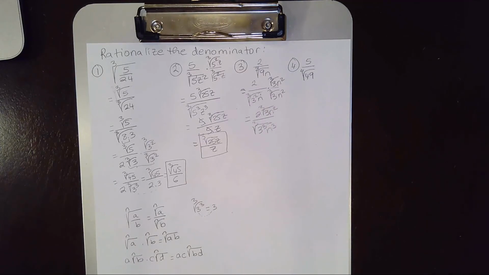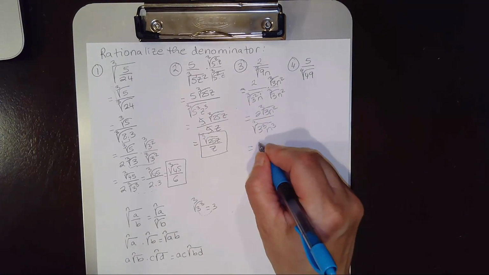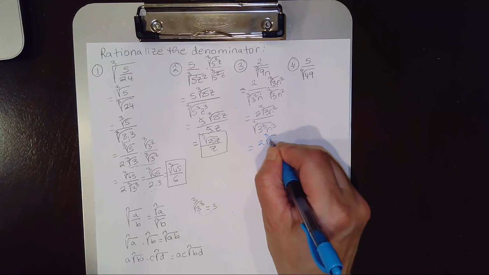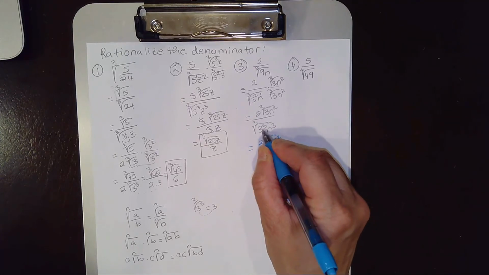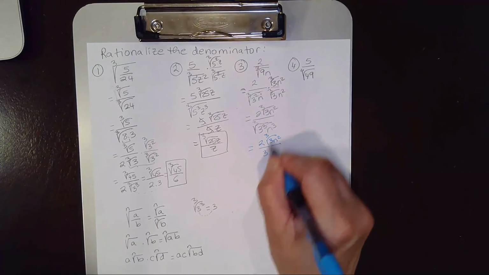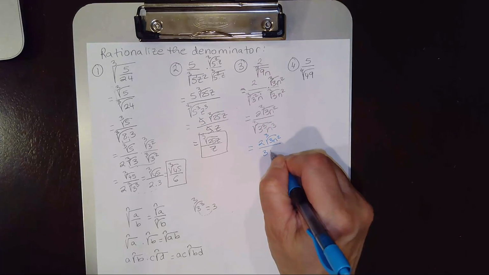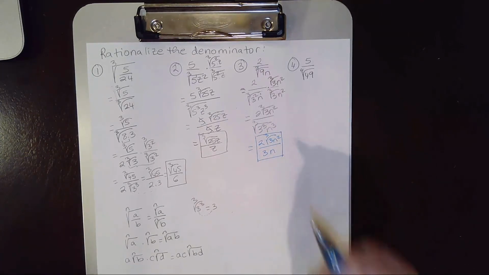I'm going to switch to a pen since I'm losing my pencil here. So 2 cube root of 3n squared divided by, the cube cancels the cube root, so 3 comes out, and n cubed becomes n. Nothing to simplify. This is your final answer.